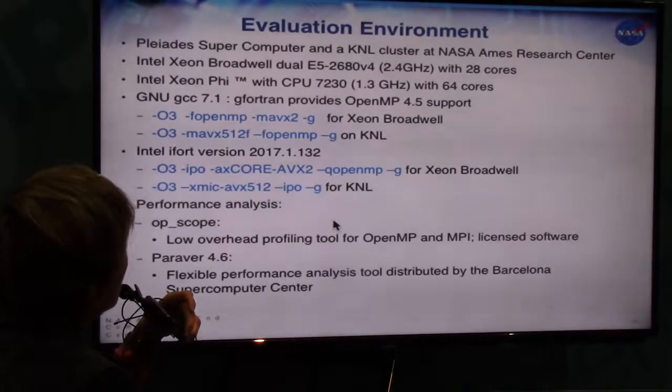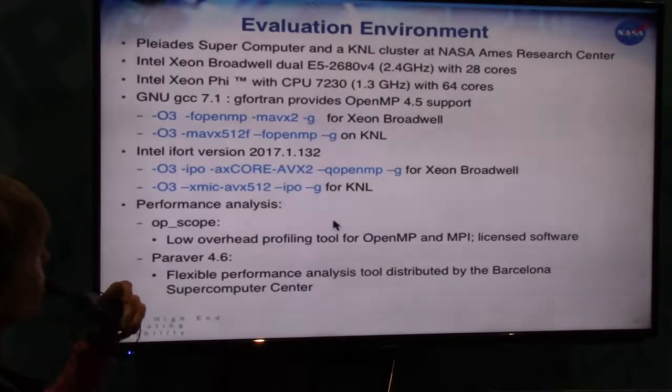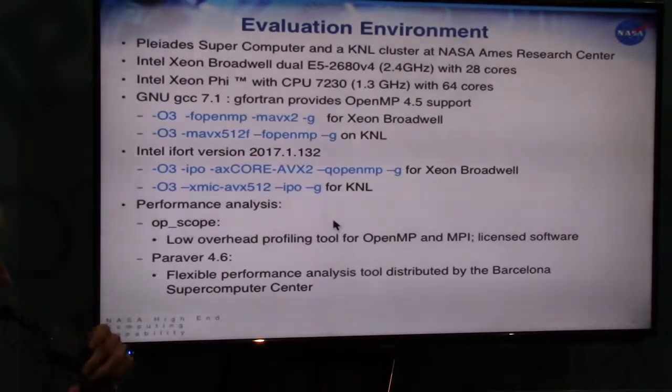Now I show some performance results that give some information about our evaluation environment. Basically, we are using a Broadwell and a KNL node, just because we wanted to see if architecture has an impact at all.